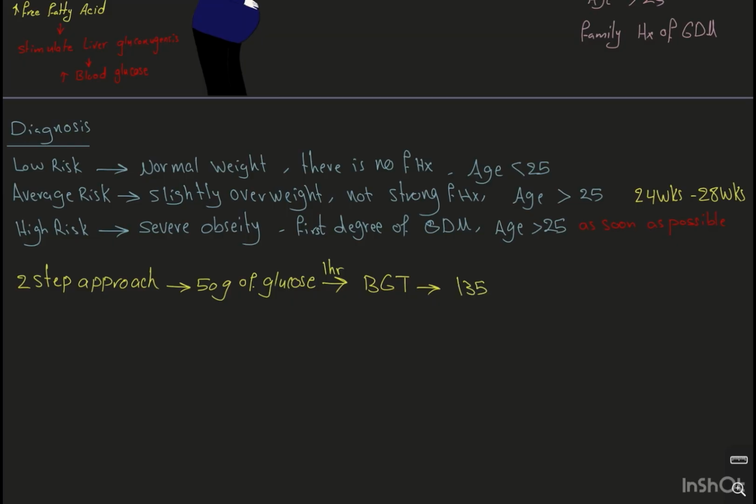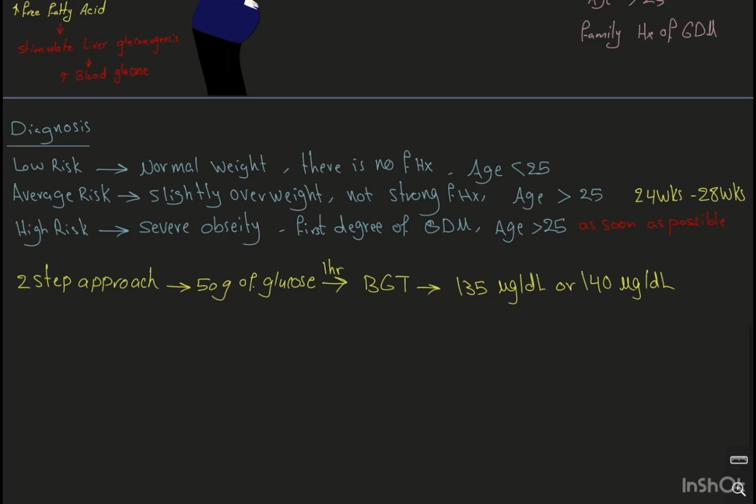If the result is 135 milligrams per deciliter or 140, this will need us to go into the second step, which is the glucose challenge test. Some hospitals depend on 135 and others will depend on 140.